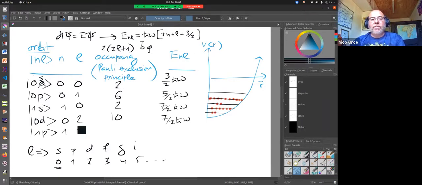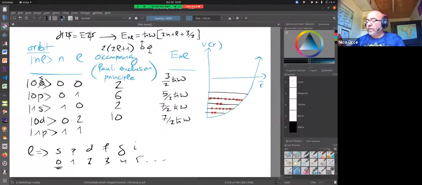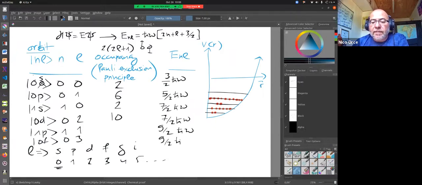And basically you can keep going: P, F, G, H. You can keep going down here, but you see, in the next level we have 9/2 and 9/2. So that will be 1p and 0f, which will be 0 and 3. This one will have 9/2 h bar omega, and there's also 9/2 of h bar omega.